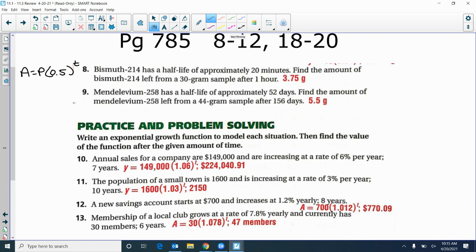Colin? 3. So your 30-gram sample is your initial amount, P, times 0.5 to the 3. That's what you would type in.